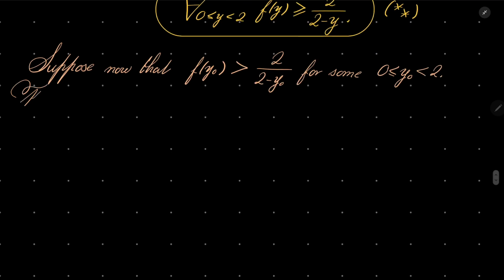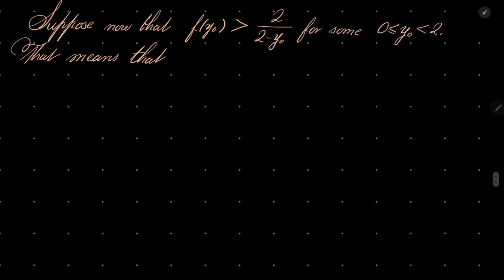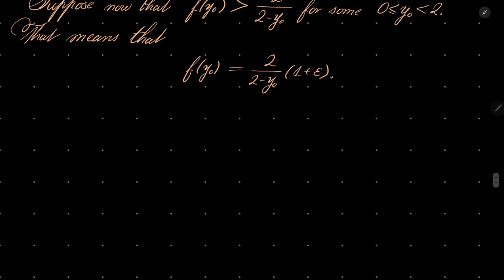That means that we can write f of y0 equals 2 over 2 minus y0 times some number greater than 1, and every number greater than 1 can be written as 1 plus epsilon for some positive number epsilon.